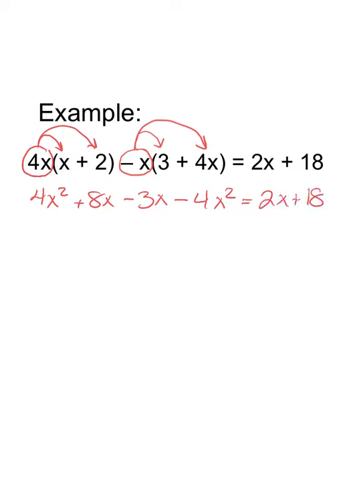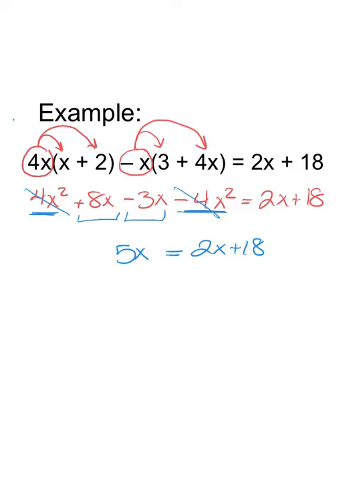Now, if I combine like terms, on the left side, I have 4x squared minus 4x squared. Those disappear. Then I have 8x minus 3x. That gives me 5x equals, and if I look on the right side, I have 2x plus 18.